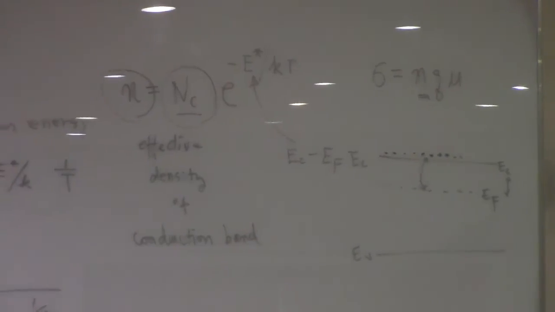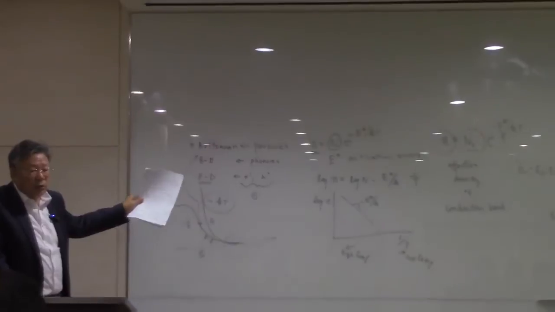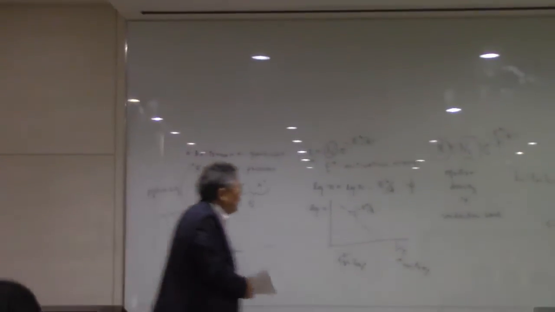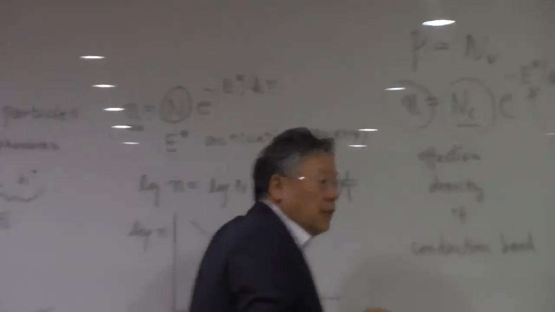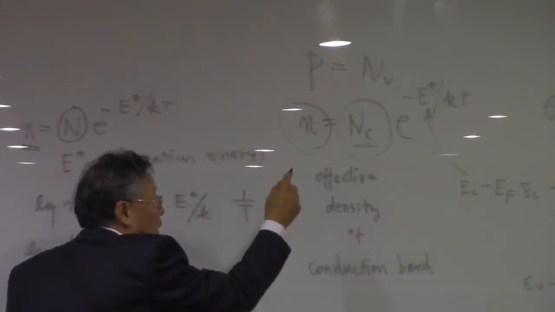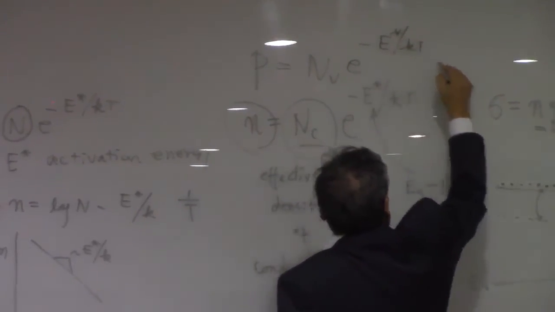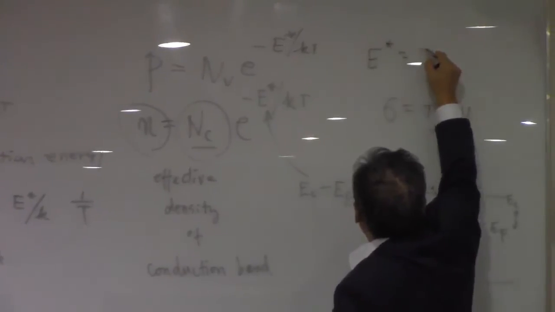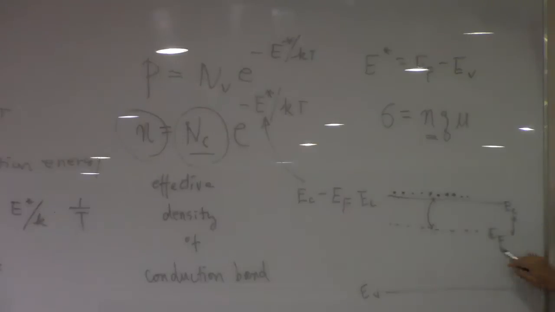You can tell the same story about the holes. So we can deduce the equation corresponding to the number of holes: p is equal to the effective density of states of the valence band times e to the minus E star over kT, and here again E star is going to be E_F minus E_V, the distance between the Fermi energy and the valence band.